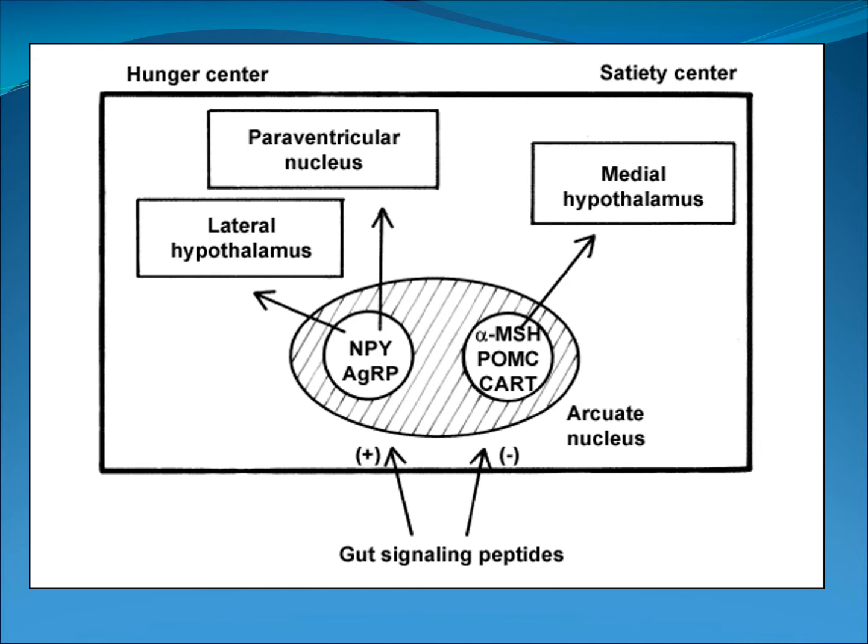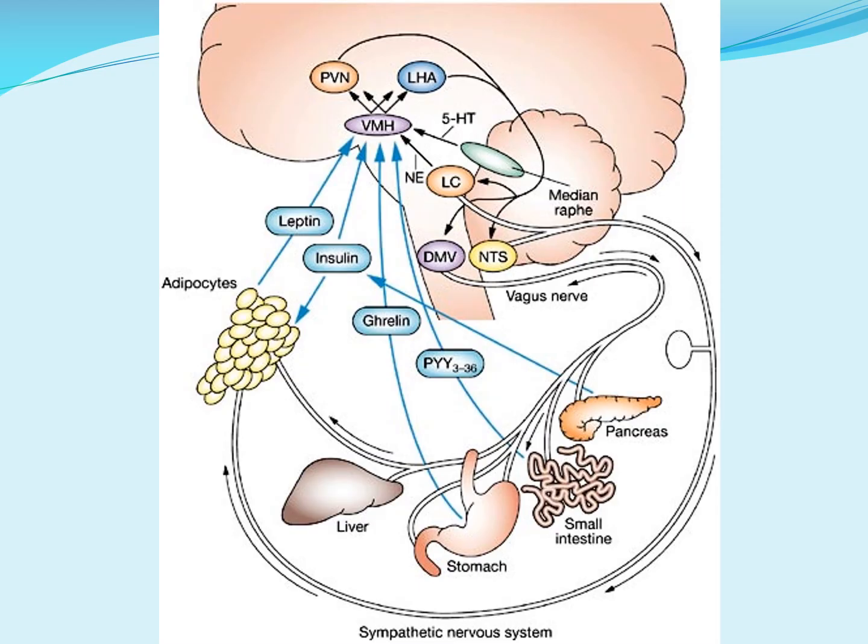We have a lot of signals coming from the body to change the activity of these centers. By changing the activity of these centers, we feel either hungry or the feeling of satiety. We have a lot of neural signals which can change the activity of feeding or satiety centers.